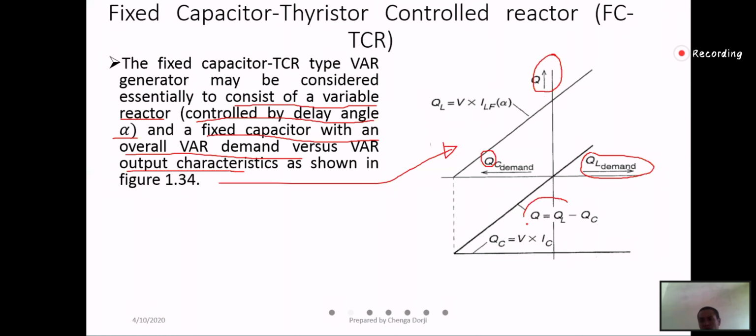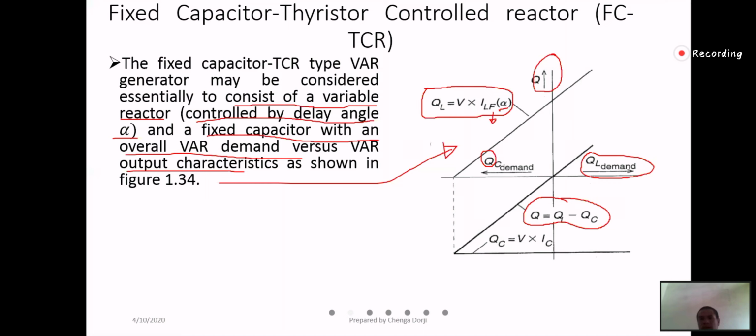Therefore, the overall Q is equal to QL minus QC. QL is the supply voltage times the fundamental inductor current at angle alpha, ILF at alpha.